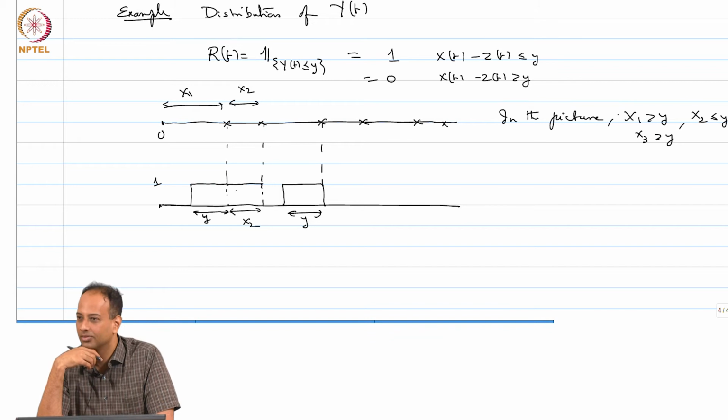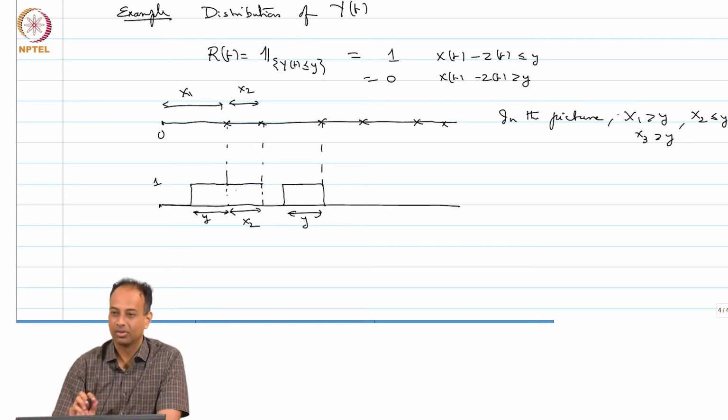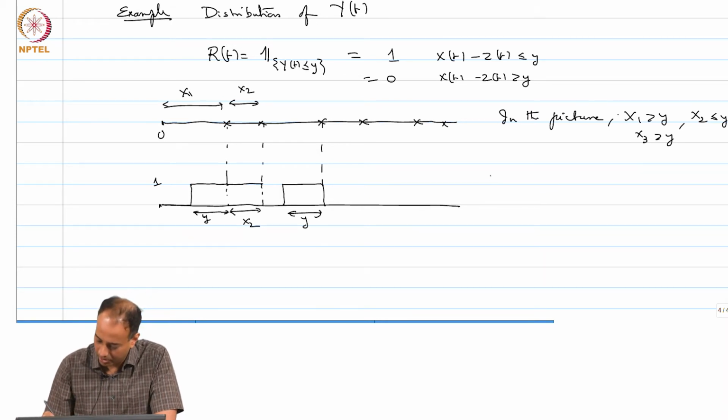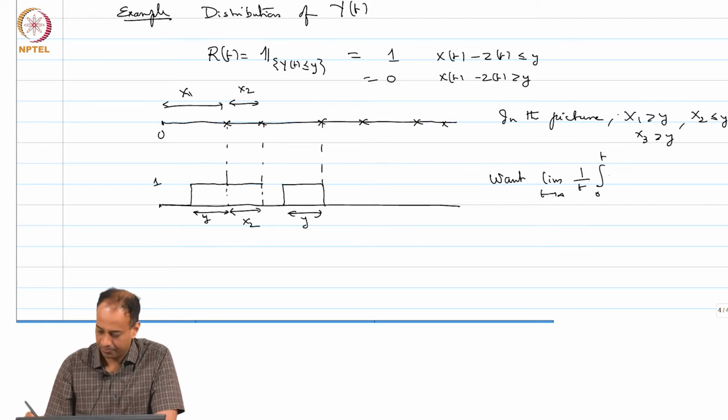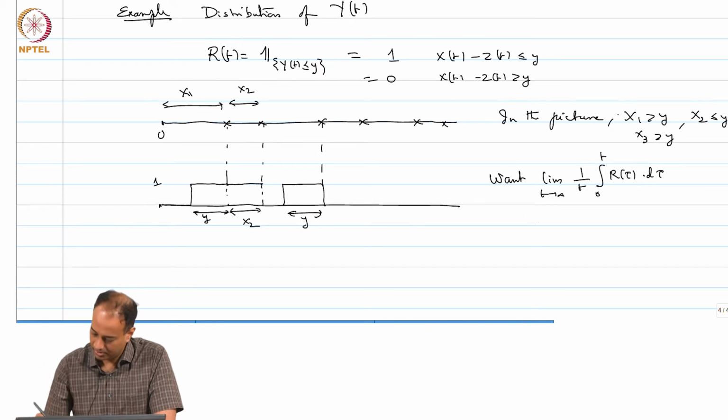Yeah, clear. So, now I want the time average reward. What do I want to calculate? The limit time average fraction of the time that residual time is less than or equal to y, right.